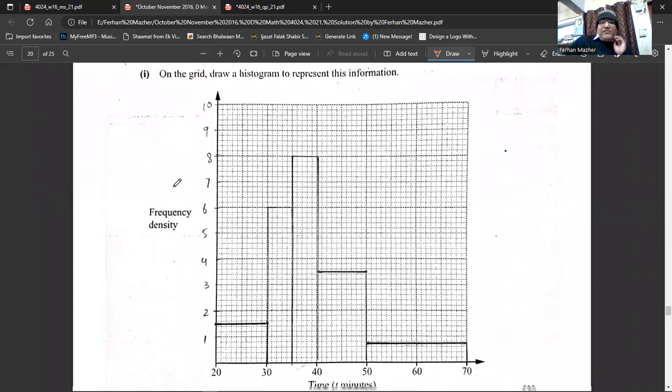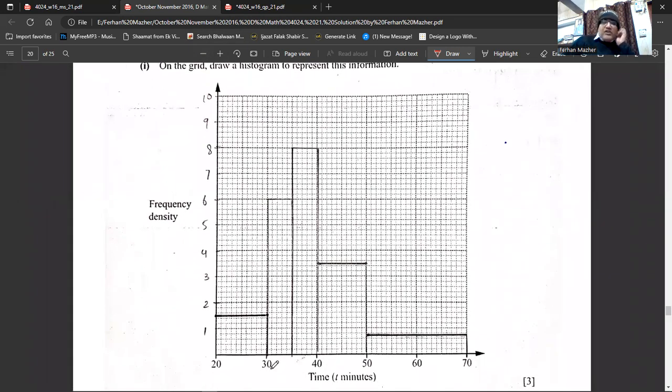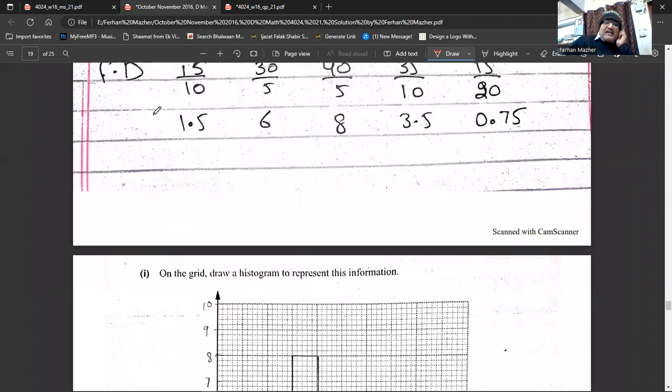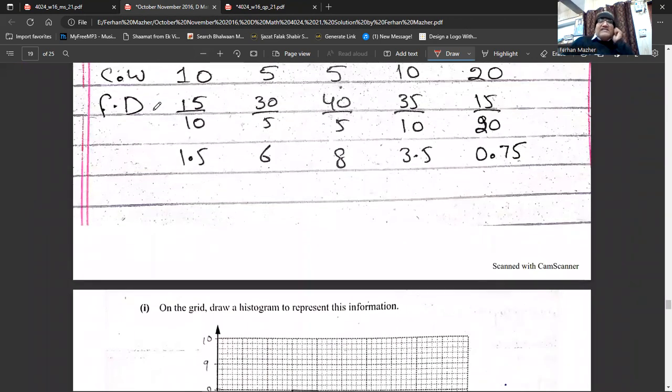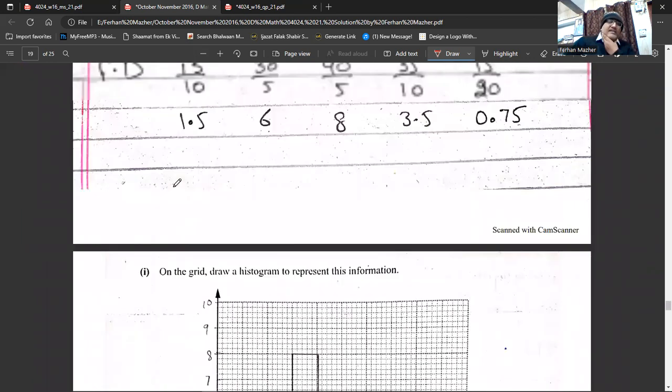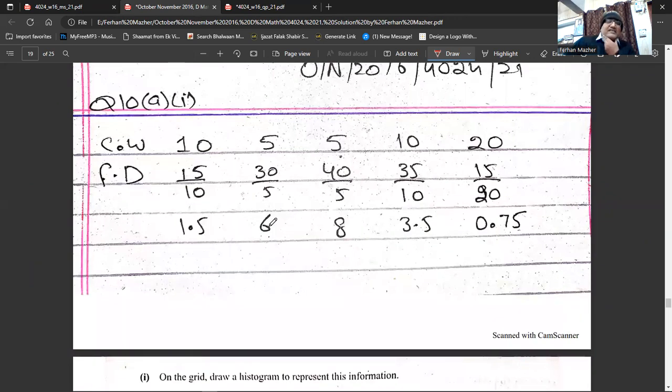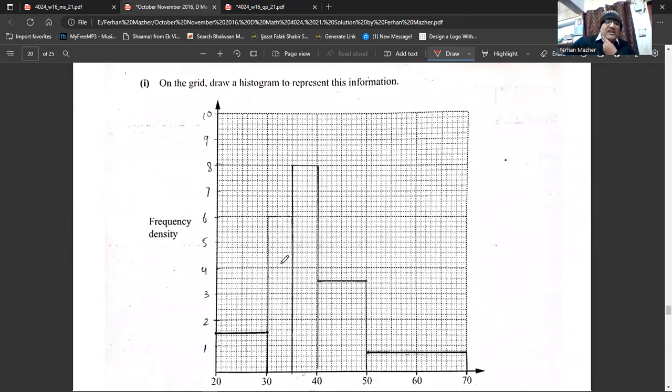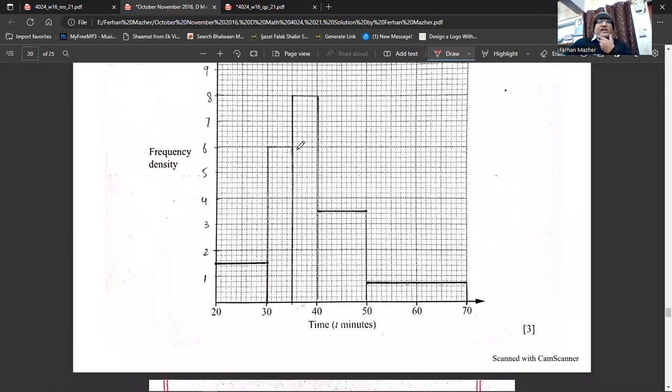So then I will represent them from 20 to 30. The frequency density is 1.5, so at 1.5, I will draw this rectangle. Then for the second class, the frequency density is 6, and that is from 30 to 35, so that will be up to 35, up to 6.